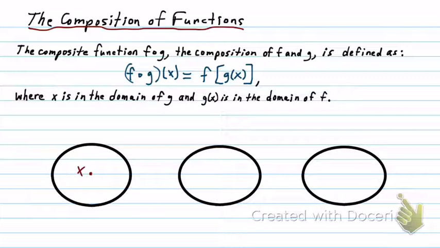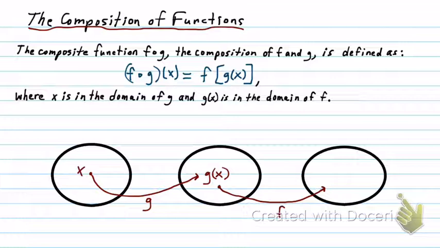So basically I have x in this set of numbers, and I'm going to plug an x value into the g function, and my output will be g of x. Then I'm going to take that value, g of x, and plug it into the f function, and my output's going to be f of g of x.